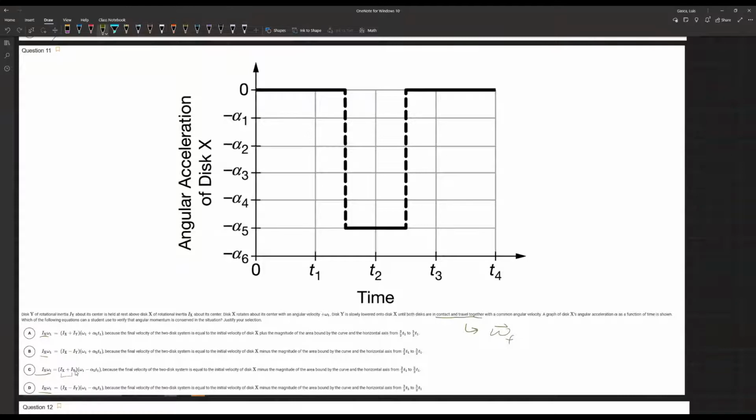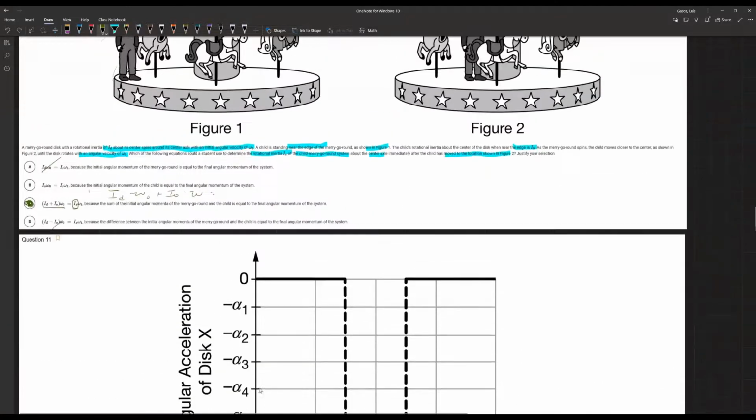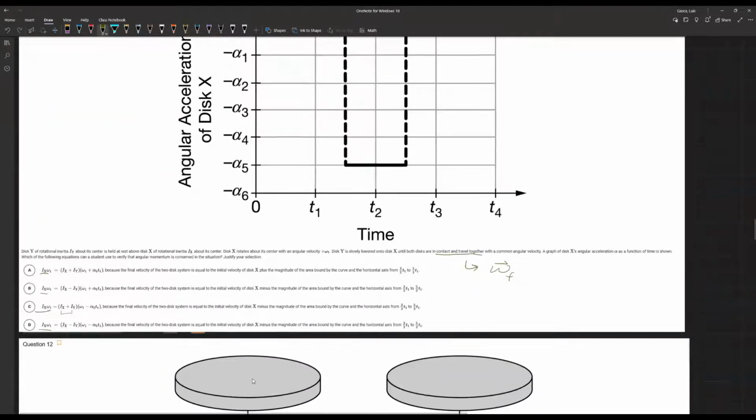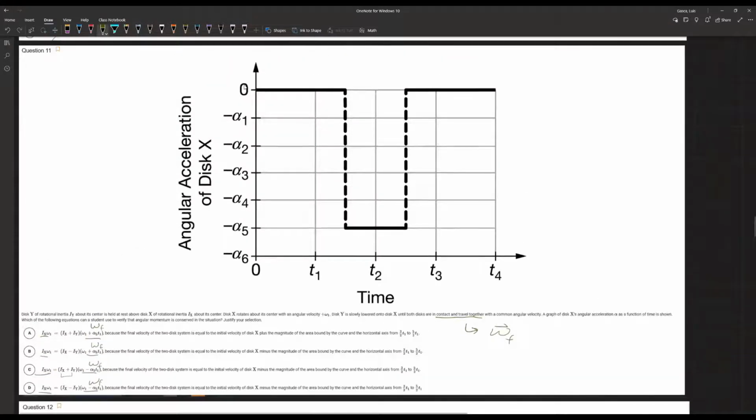So here we can look at the equations like the previous answer choice. In this case, they're going to have the same angular velocity at the end. So we need to find an expression that correctly expresses the angular velocity at the end, because all of these are really omega final. Well, if we look here, we experience an acceleration.